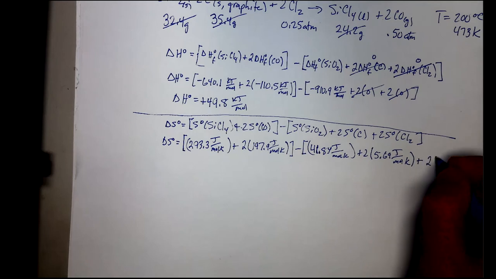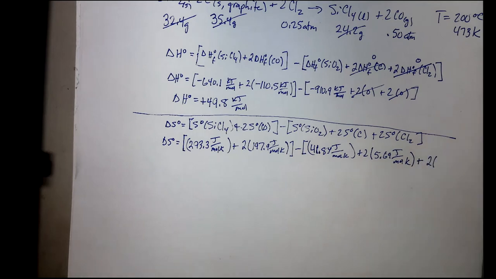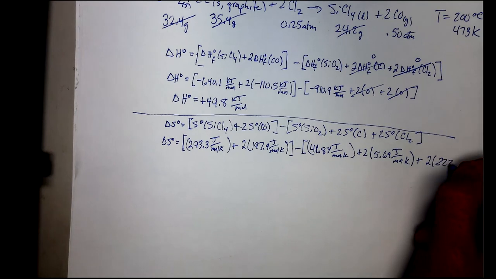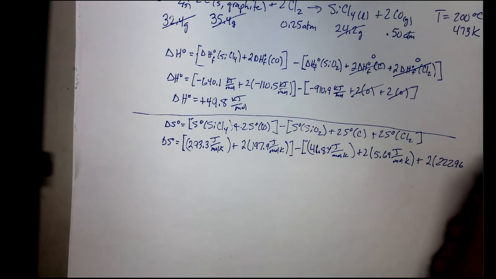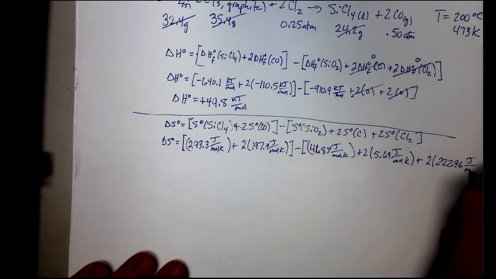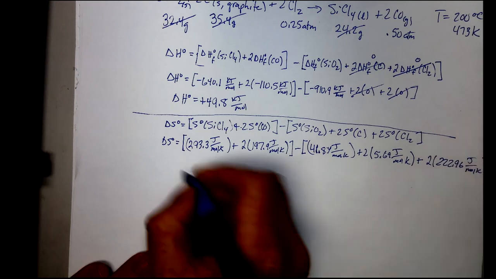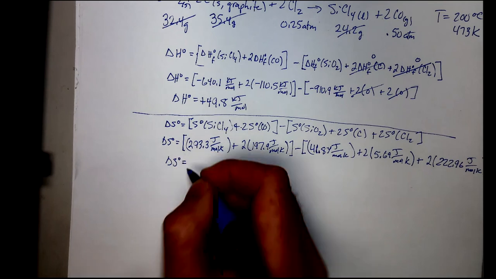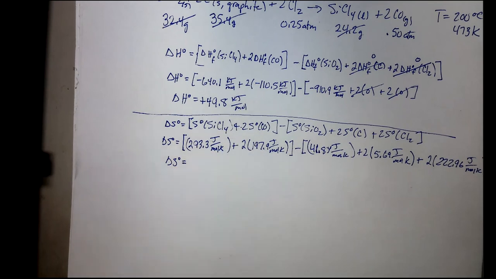And then 2 times entropy for chlorine. This is plain old chlorine gas. It's going to be 222.96 joules per mole Kelvin. So then we have to run all of that through our calculator. So let's go ahead and do that.